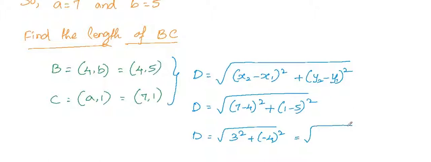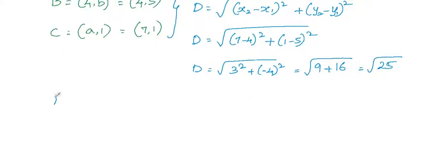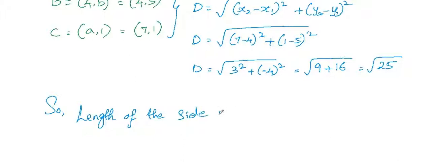The 3 square is 9 and 4 square is 16; minus 4 square is also a plus 16. So 9 plus 16 is 25, and the square root of 25 is 5.